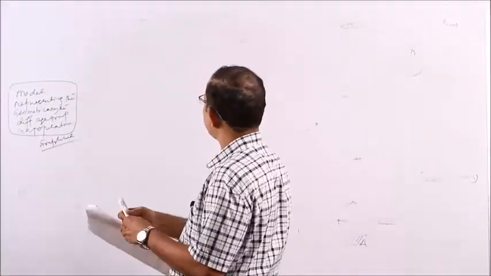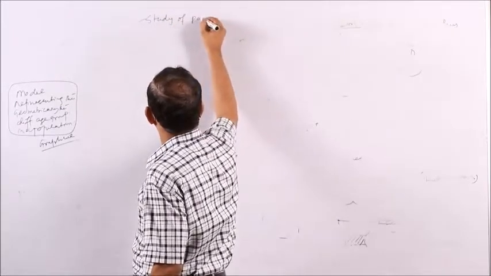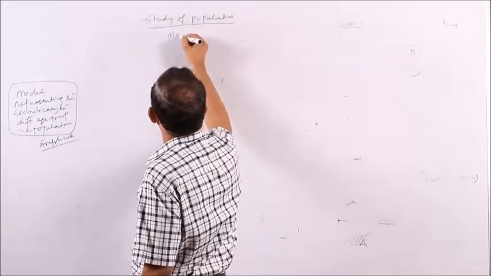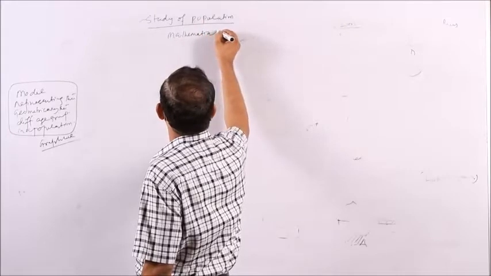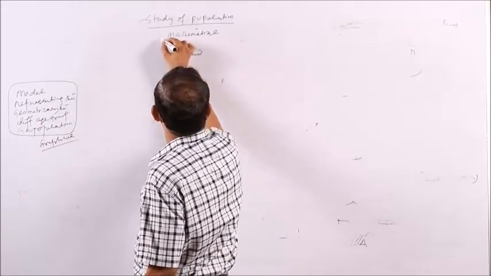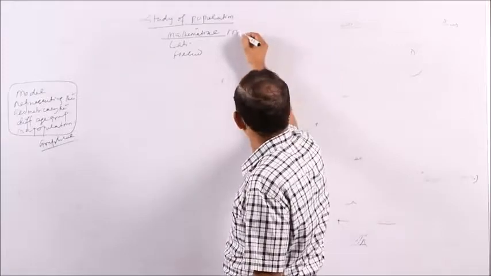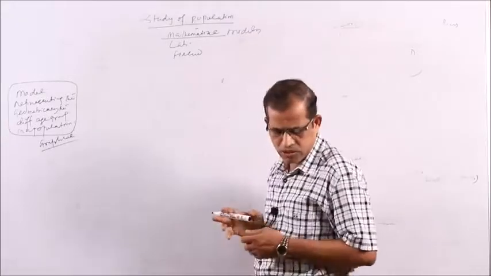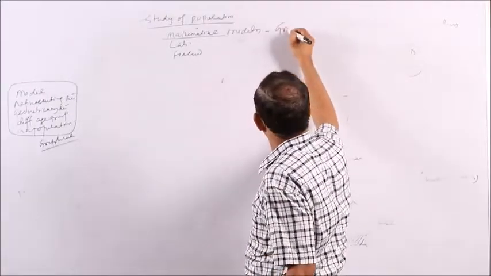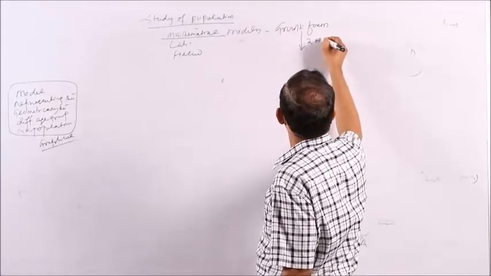Now, what I explained is that for the study of population, we are finding that mathematical models are there, laboratory conditions are there, field conditions. So, under these mathematical models, now we are going to have the growth forms behave in two ways.